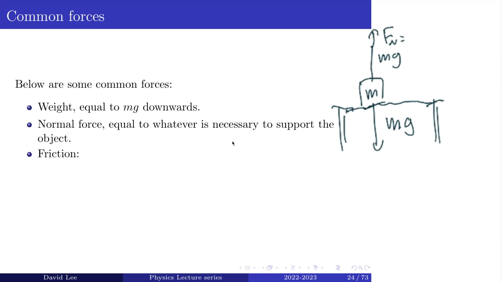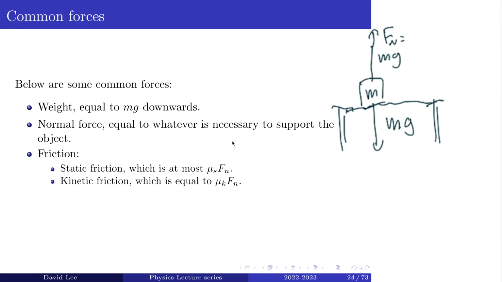Now we have friction. So friction is divided into two cases. There's static and kinetic friction. Static friction is friction for an object at rest.